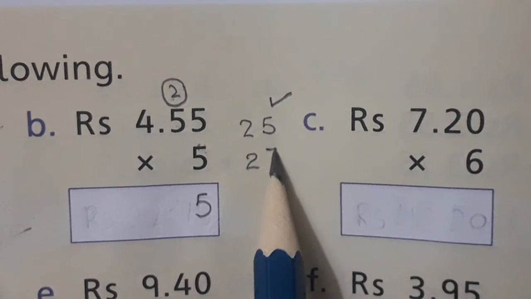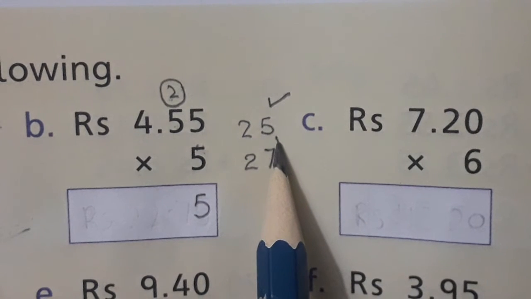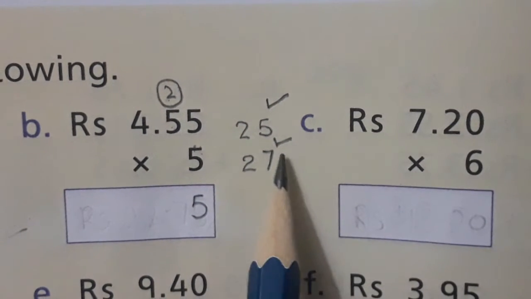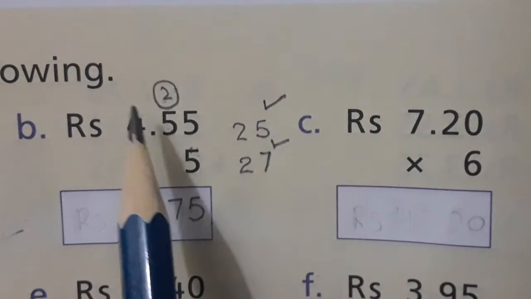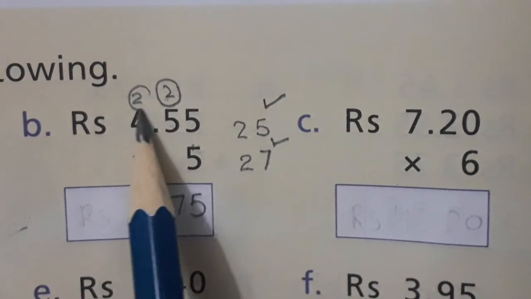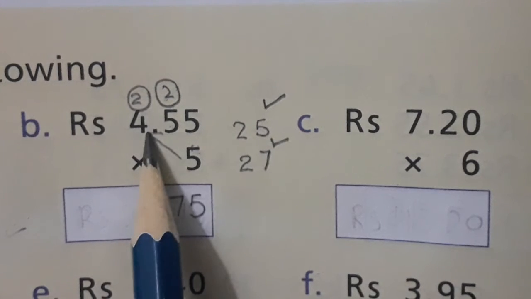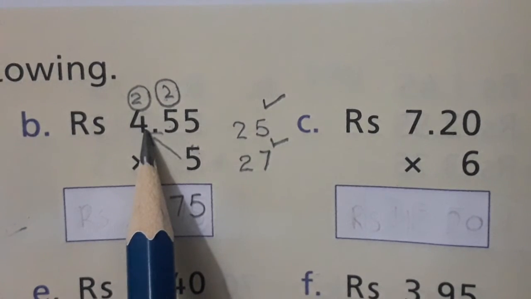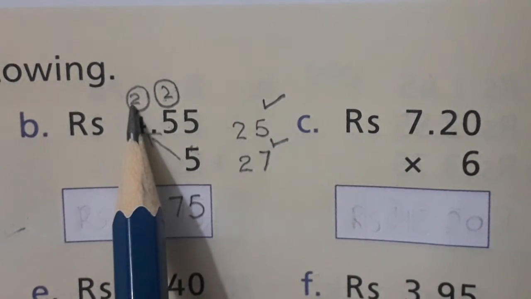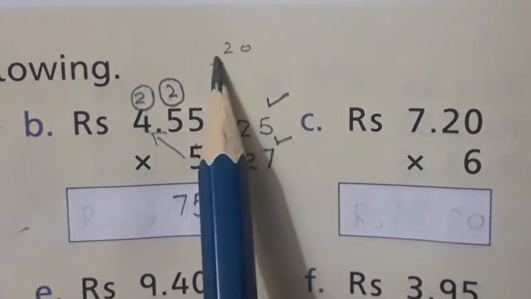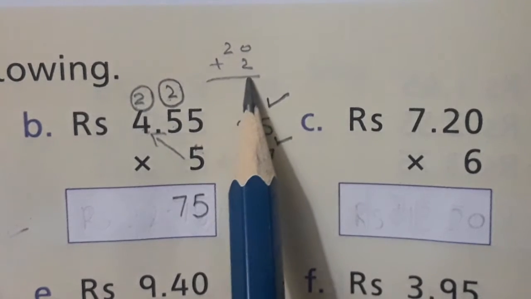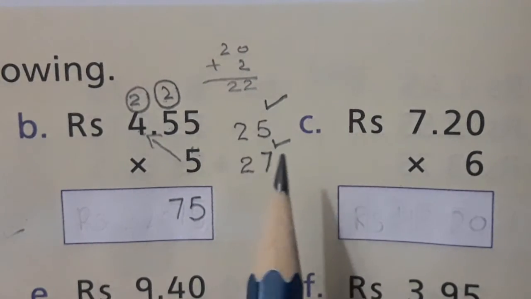So again we will write 27, and we will choose the right number, that is 7, and 2 will move on to the next number. Now the last number is left. 5 fours are 20. 20 plus 2 is 22.